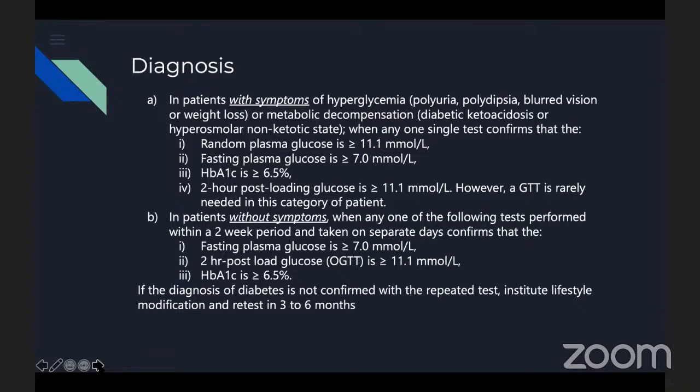And then for those without symptoms, unfortunately, you need tests within a 2-week period, taken on separate days. So you need 2 tests that both fulfill these criteria, within a 2-week period on separate days, to then make that diagnosis. And again, it's a fasting glucose of 7 or more, a 2-hour post-loading glucose of 11 or more, and an HbA1c of 6.5.